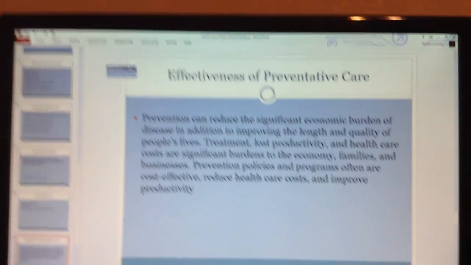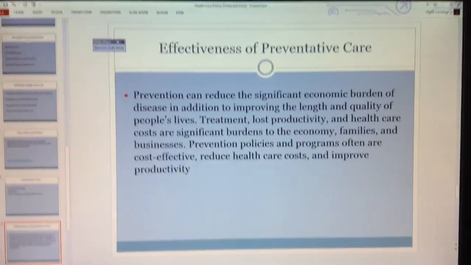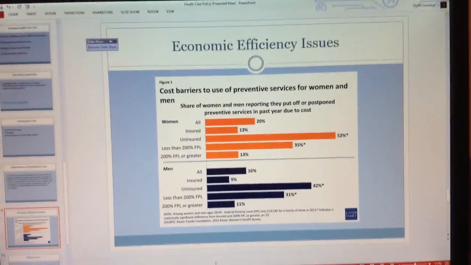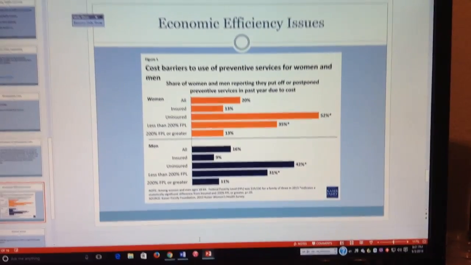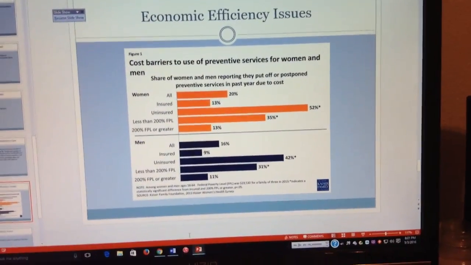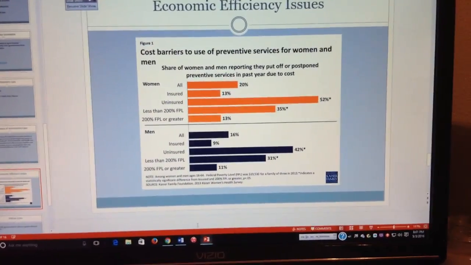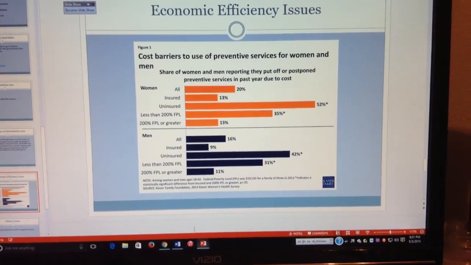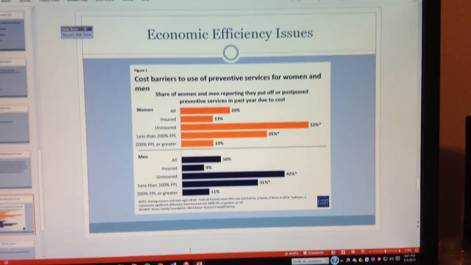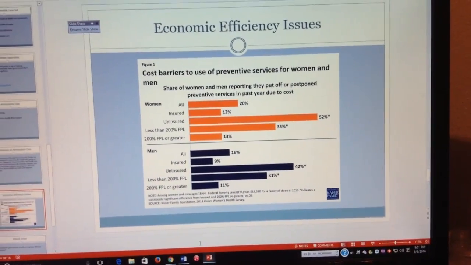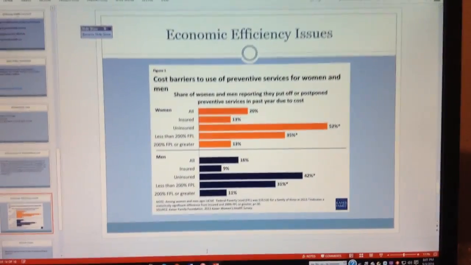The next criterion was economic efficiency issues. So here I just have a graph of cost barriers to the use of preventative services for men and women. So it shows you here just why people do not participate in preventative care, and oftentimes it's because they foresee it as too expensive.